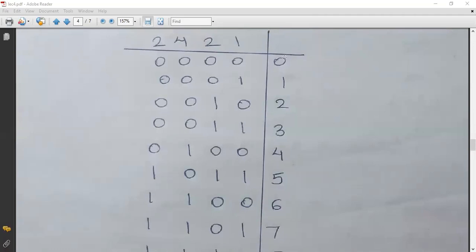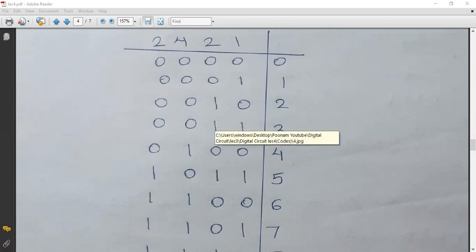For the decimal number 0, the binary number is 0000, because here 0 is not present. For 1, it is present, so I have marked it by 1. For 2, it is present, so I have marked 2 by 1. Now 3: how is 3 going to be formed? By adding 2 plus 1, that is 3.